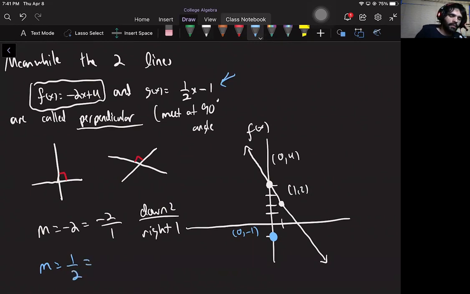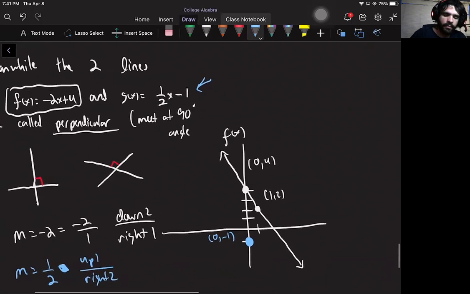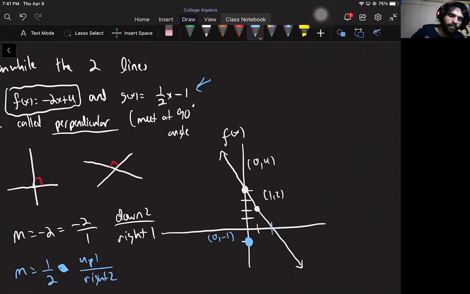So I'm going to think about it as every time I go up 1, I have to go right 2. So I go up 1, right 2. From there, that takes me to (2, 0). And I think I've drawn it straight enough that you can see that they cross at a 90-degree angle there. If you draw that one, that looks pretty nice.